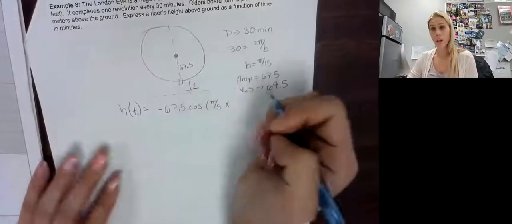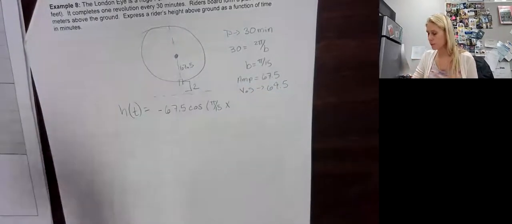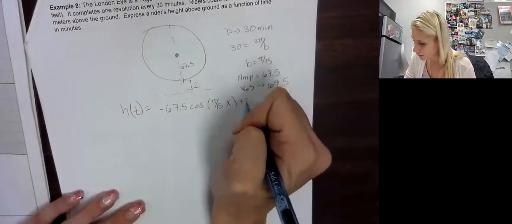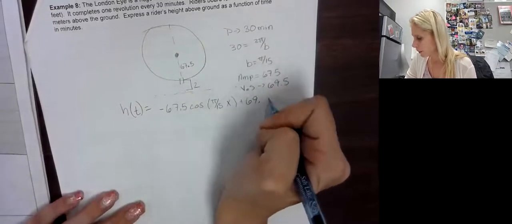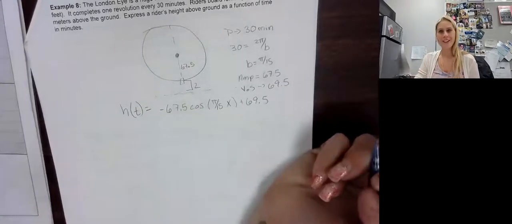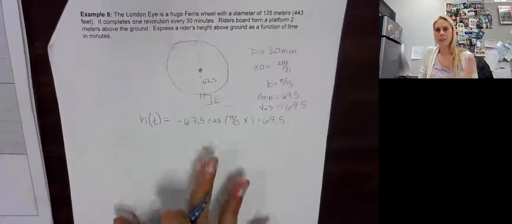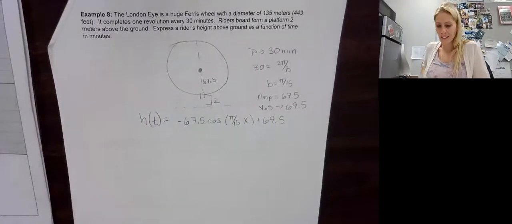We don't have a horizontal shift, so we don't have to worry about that. But we do have a vertical shift of 69.5. We want to make sure that we're off the ground so we don't scrape that seat on the bottom of the ground. Imagine this is what they do all the time to figure out rides.